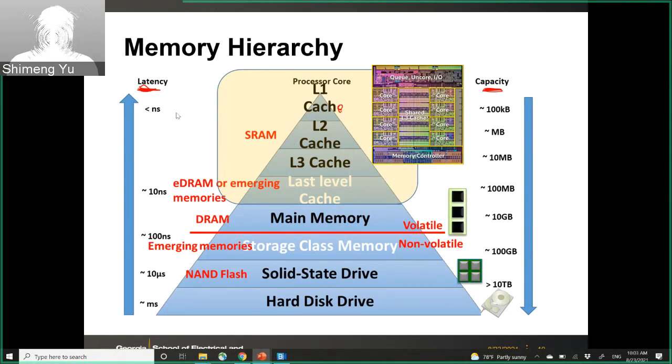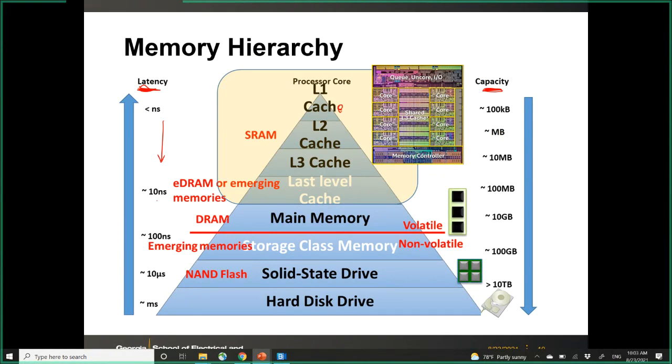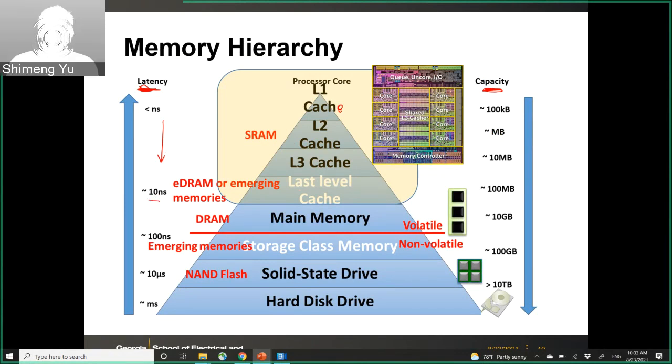But as you move down the hierarchy, at the last level cache the latency will probably reach about 10 nanoseconds. So it will be slower. But at the same time, the capacity increases. The L1 cache is typically tens of kilobytes, L2 cache hundreds of kilobytes to megabytes, and the L3 cache a few megabytes to tens of megabytes. So there's a trade-off between latency and capacity.